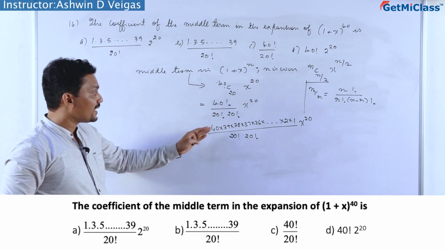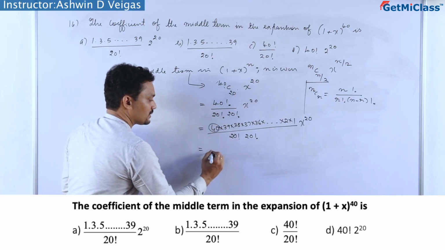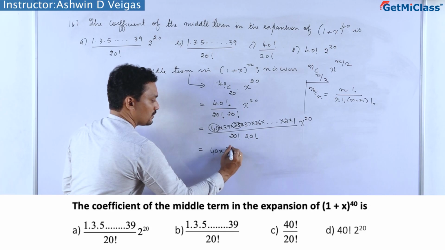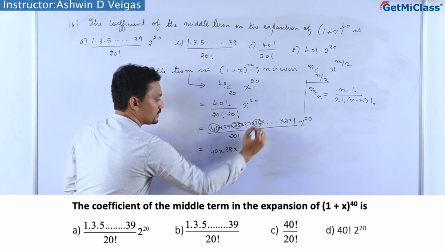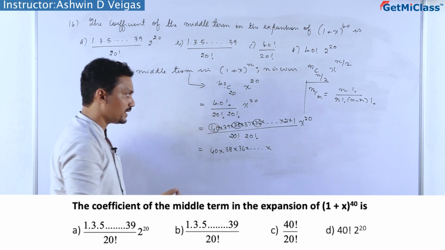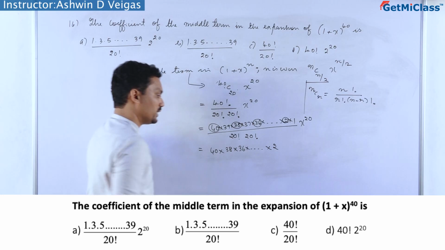So, this is what we get. And now, if you collect only the even terms in the numerator, I will write 40 first, then 38, then 36, like this, and last the even term which I am going to write will be 2.